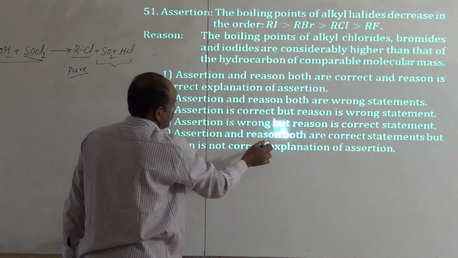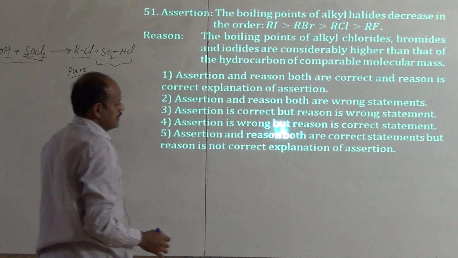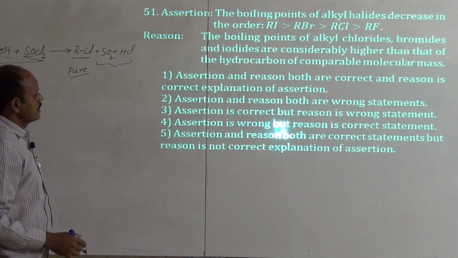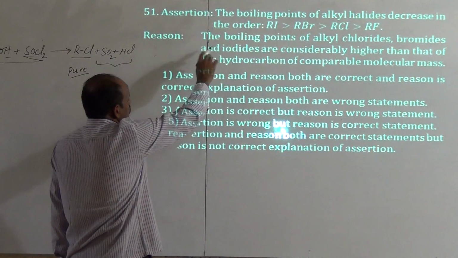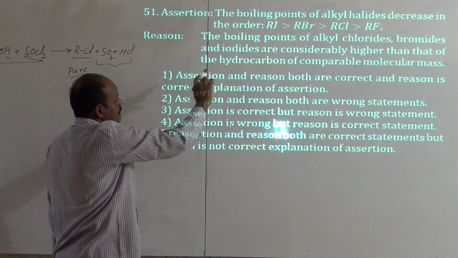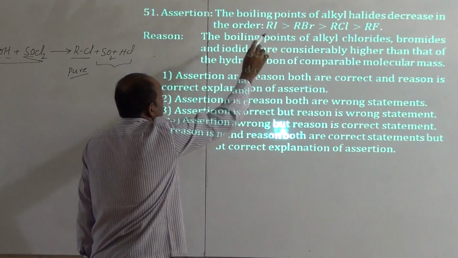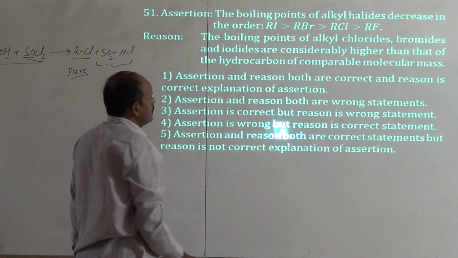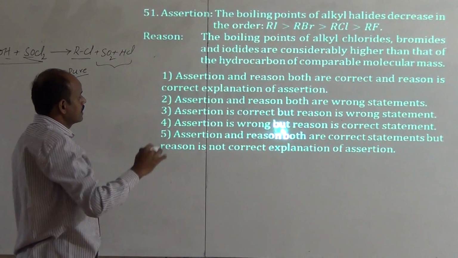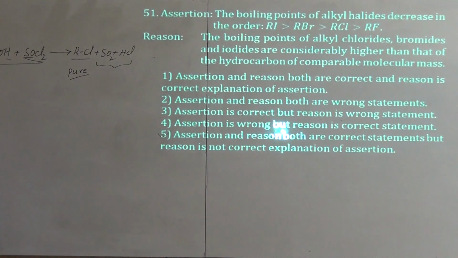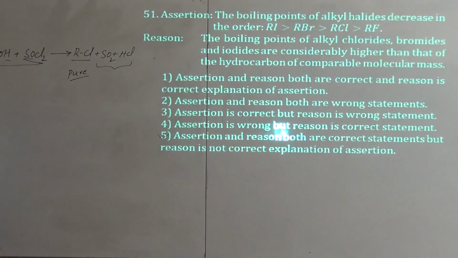Assertion and reason both are correct statements, but the reason is not the correct explanation of A, because even though they have high molecular mass compared to the corresponding hydrocarbon, the strong forces present mean the boiling point decreases in that order. Okay, that is the correct explanation. Thus, which option is correct one? The fifth option is the correct one. Okay.